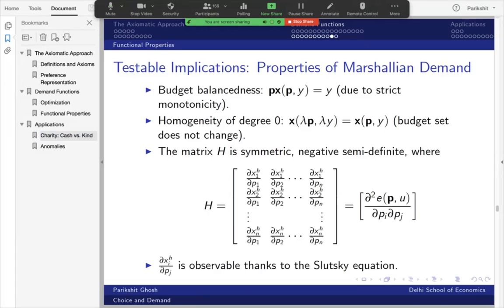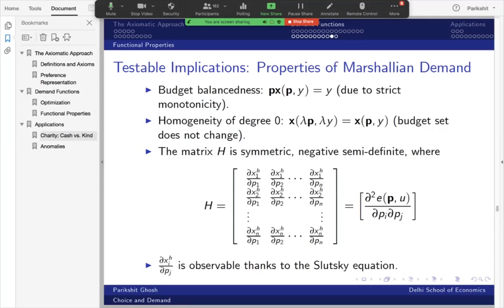Now, when we say symmetric, negative, semi-definite, nested in that are several implications. For example, one of the implications of that statement is that the diagonal elements of this matrix are negative, right? That means all the slopes of the Hicksian demand functions with respect to own price are negative, right? That's a prediction of the theory.